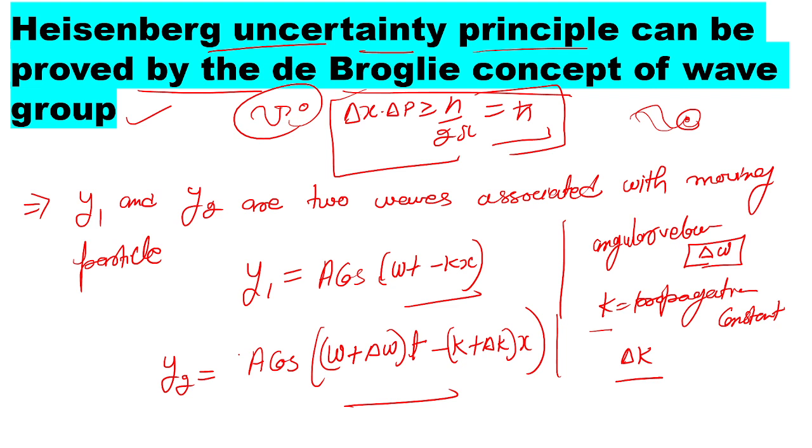So now we are going to derive the expression for the resultant wave, and through that resultant wave we have to calculate where the particle is, and the position where the particle exists. So what is the resultant wave? That is y equal to y1 plus y2.